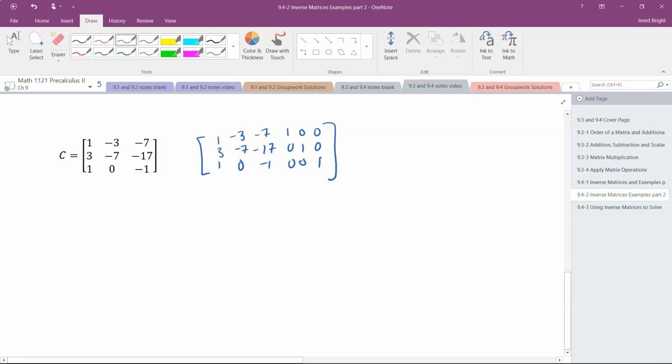And do row operations on this until we get our inverse popping out. I think something interesting happens in this one. I believe that it is going to be non-singular. So I want you to try it out and resume the video when you want to start seeing some of the work.